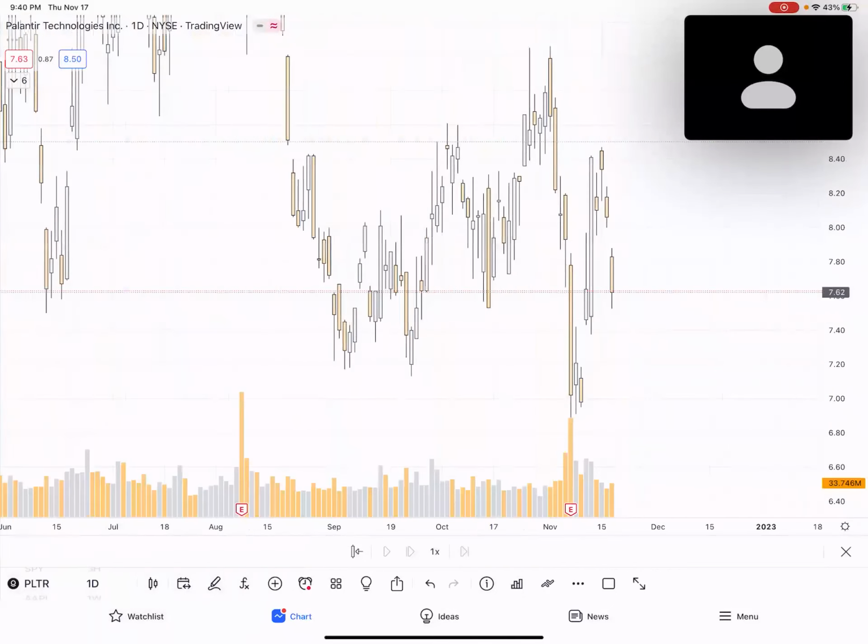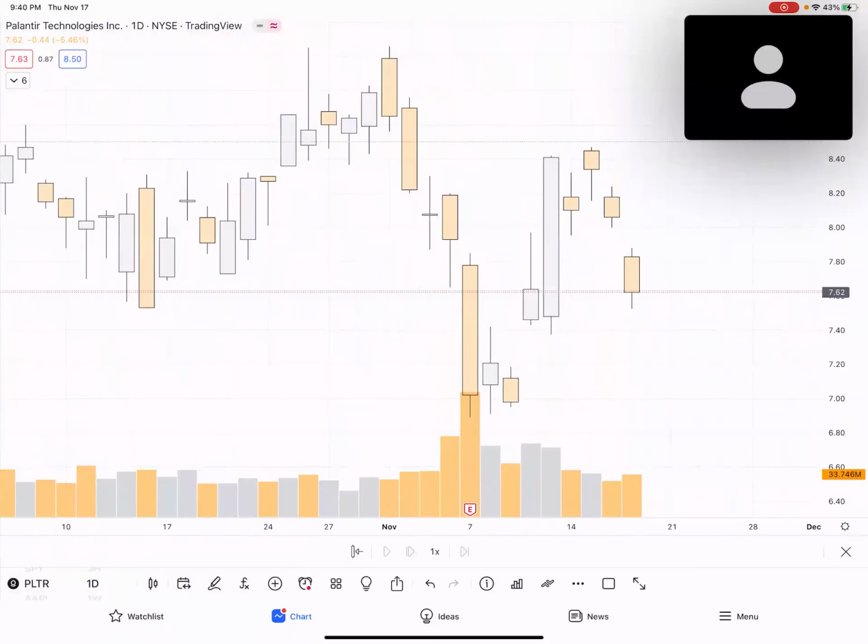Alright, so for Palantir, I'm going to just use the daily, 1 hour, and the 15-minute time frame.